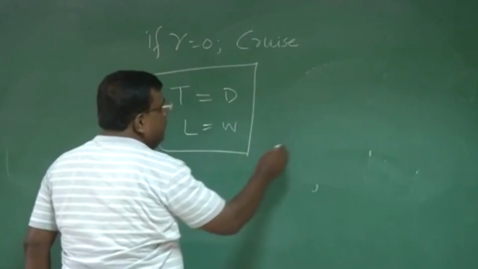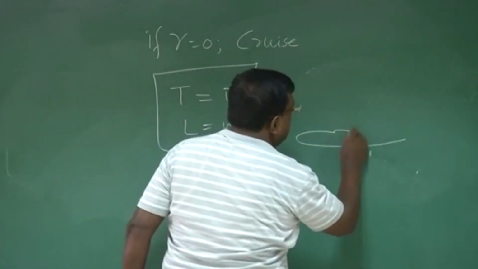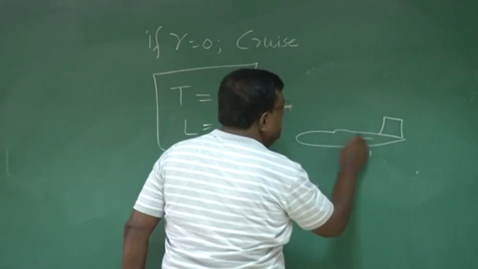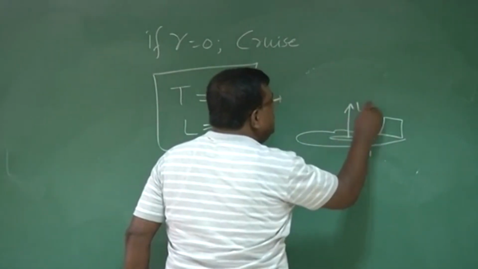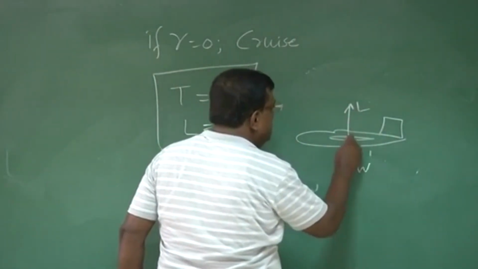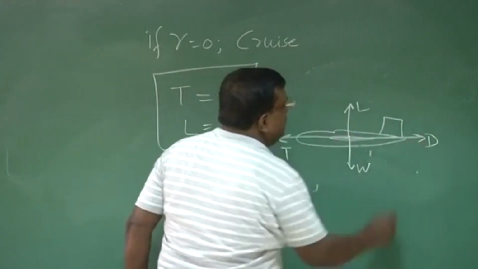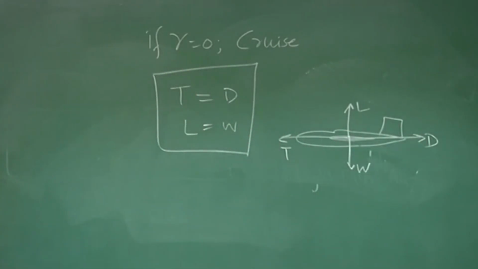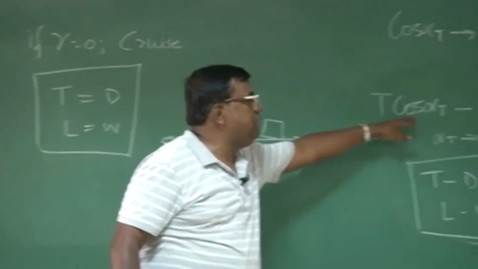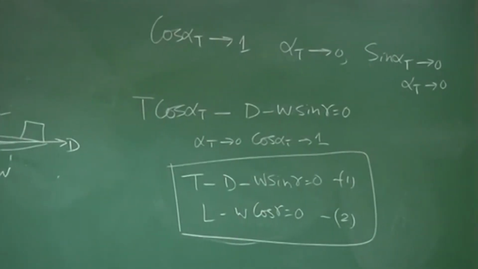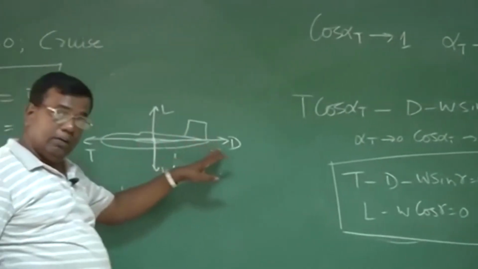So now you understand, when I draw a diagram like this, what approximations have gone into it? One is, if I repeat, alpha t is small, that is the angle between thrust and the velocity vector is very small, and also gamma equal to 0, right?